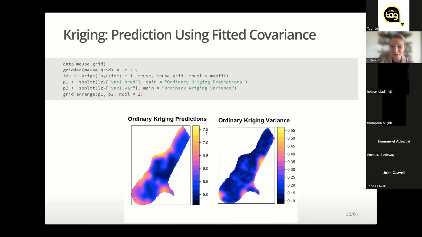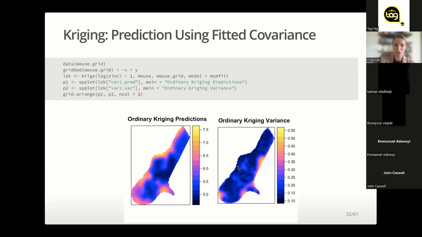That's not bad for a range of 4.5 to 7.5, but it's also not great, right? So maybe there's something we could do that could make it better. We want good predictions, but we also want to know that our predictions are right, or in other words, to have smaller uncertainty or smaller variance.